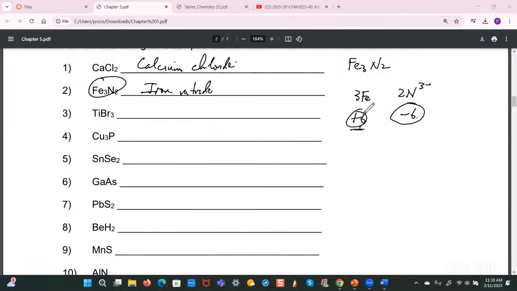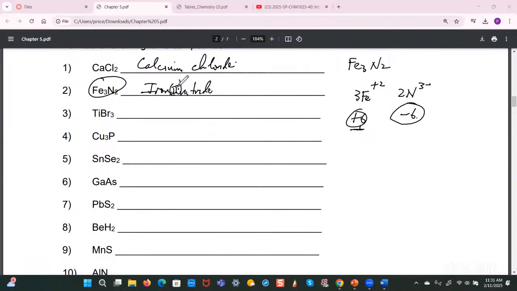If 3 of them carry a +6 charge, then one of them will carry +2. So therefore, we have to put 2 in Roman numerals here, and that would be the correct name of that compound, iron 2 nitride. All right? And that's basically how you would determine it.